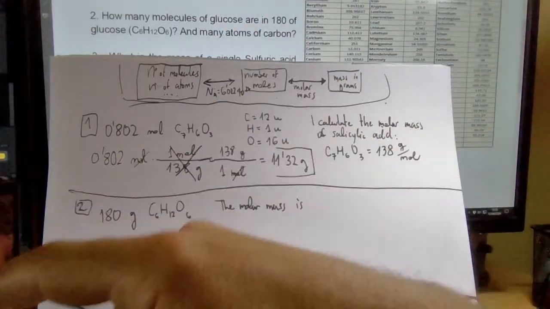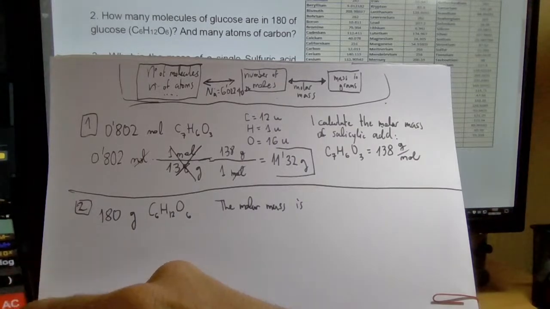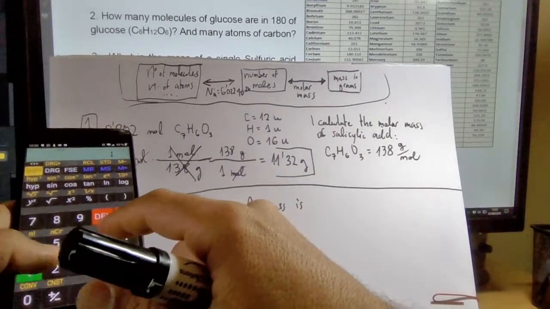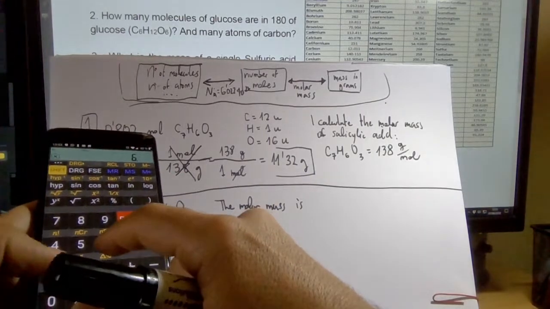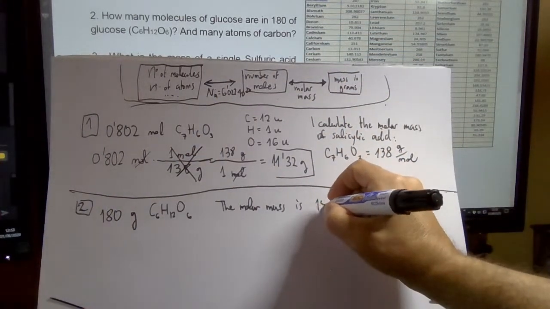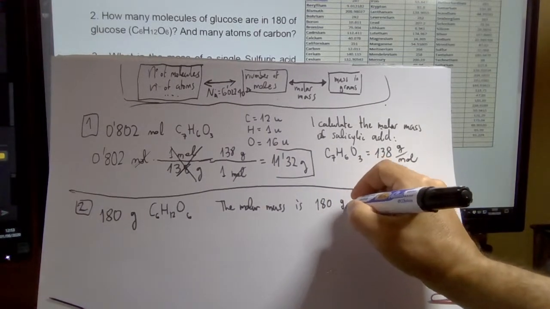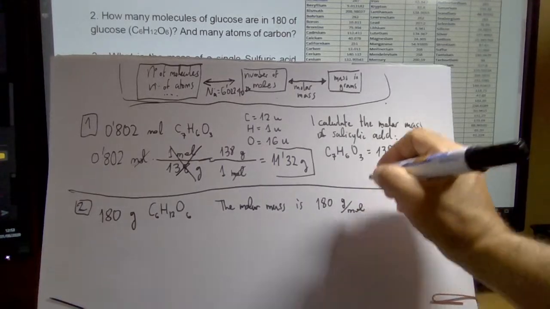The molar mass is 6 times 12 plus 12 plus 6 times 16, equal to 180 grams per mole.